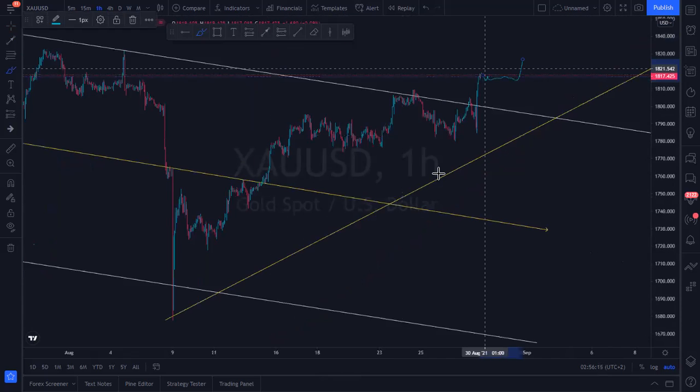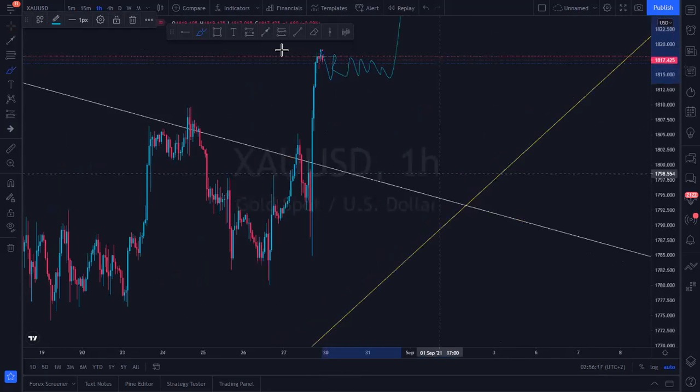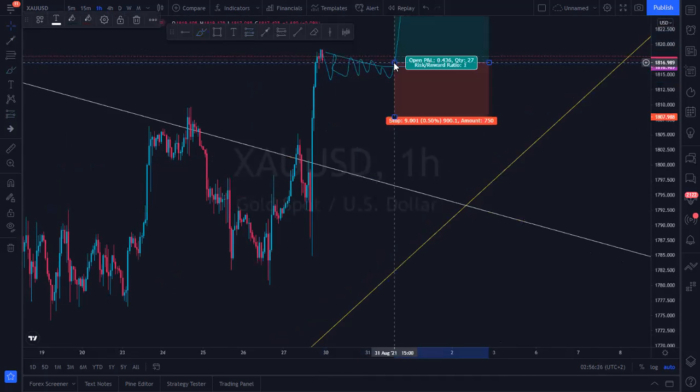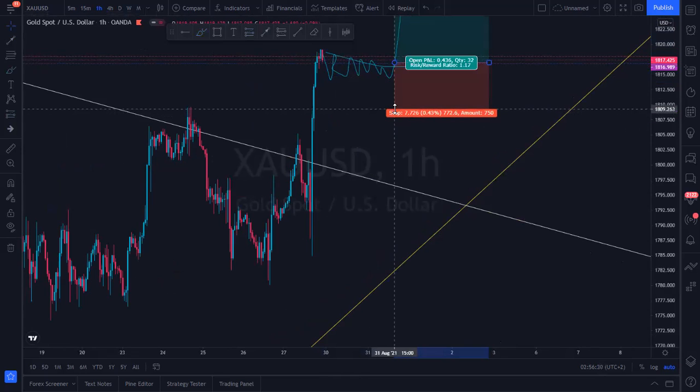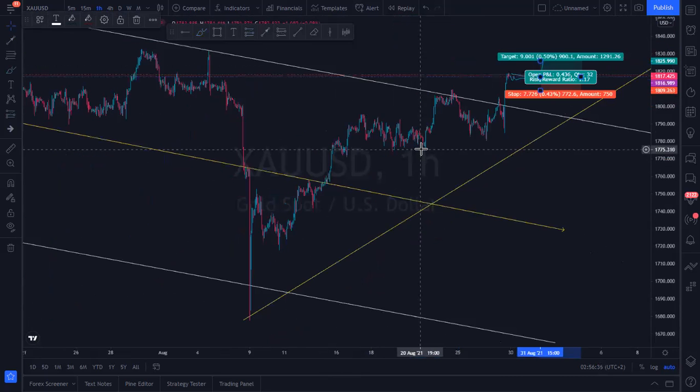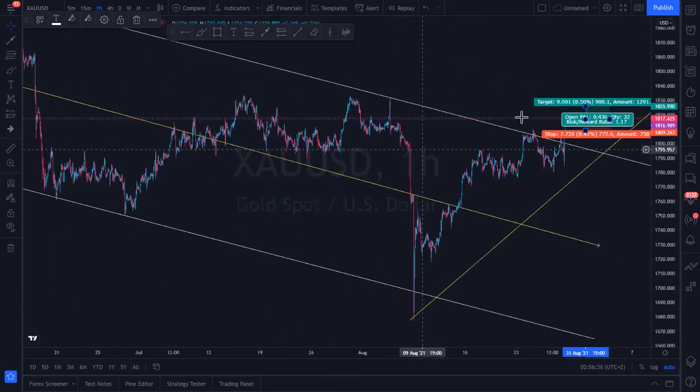And if the price gives me a continuation just like that, at the break of the structure, I'll be taking my position with a tighter stop. That will be better for me.